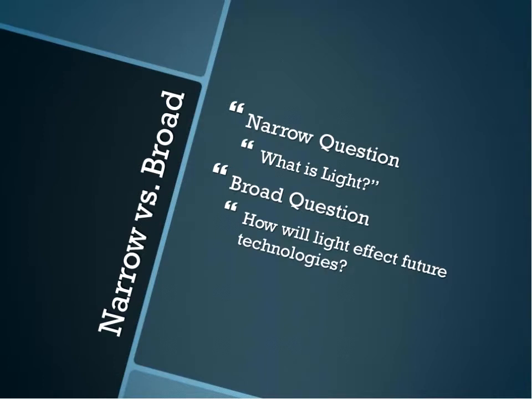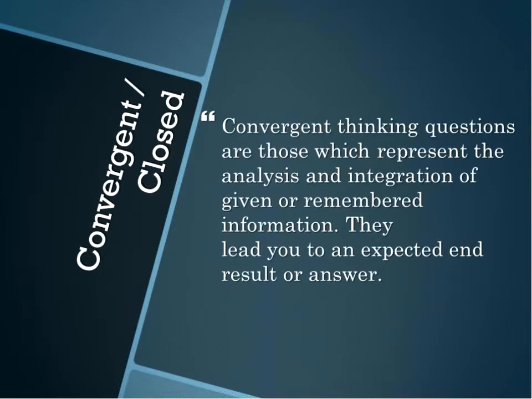So as a science teacher, I can listen to those responses and still get a very good understanding, a realistic understanding, I would say, of what the student really knows about light. While all I would get back in the narrow version of the question is probably the definition.